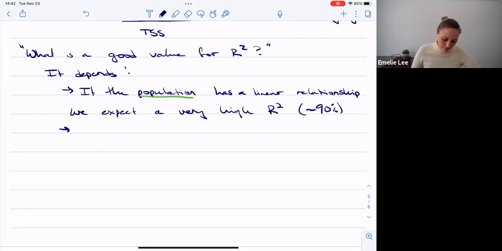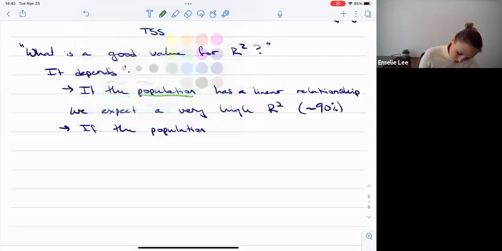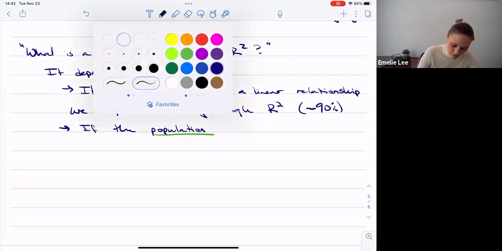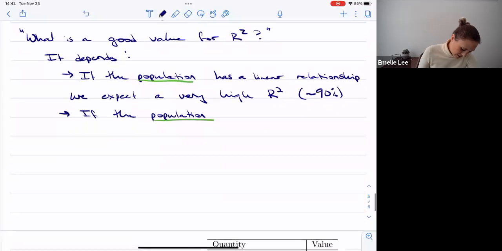And so if the population, right? And we don't know what the population looks like. That's the problem. That's our whole goal, trying to learn about the population. So if the population is only approximately linear, how about that?